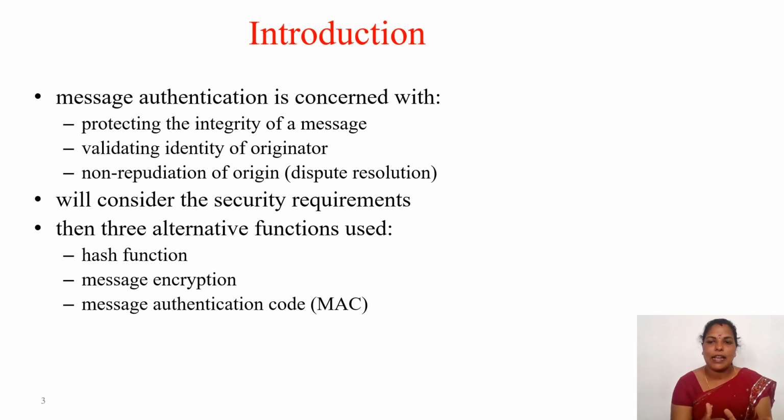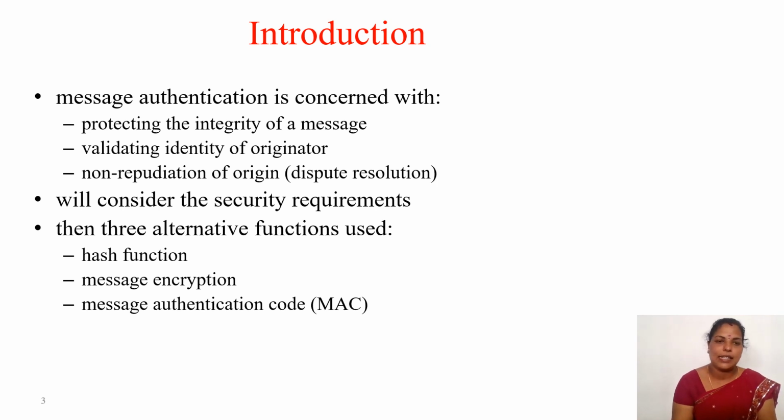Whether a message is sent from the concerned party to the concerned receiver or not, that we have to verify. Because we have seen some examples where, between Alice and Bob, Darth is playing the role of both Alice and Bob. In such a situation, if we use message authentication in the communication process, we can easily identify that some third party has interrupted and we didn't receive the message from the correct sender or receiver.